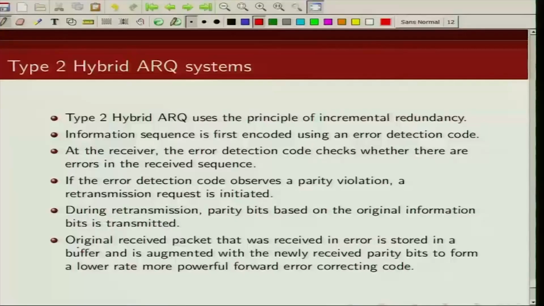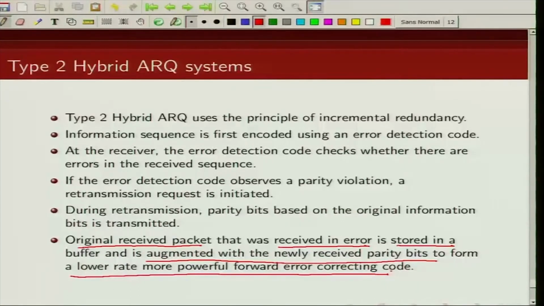So the original received packet which was received in error is now stored in a buffer and is augmented with newly received parity bits to form a more powerful lower rate forward error correcting code. So if you take an example, let's say I have a rate 1/3 code. Okay, so let's say this is my block of information bits.